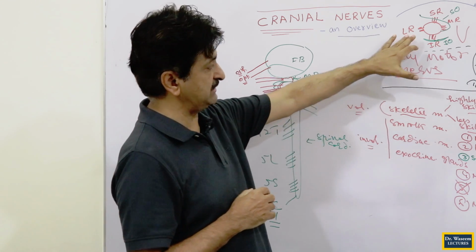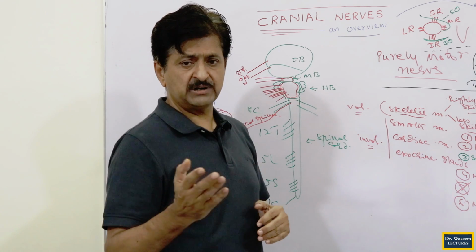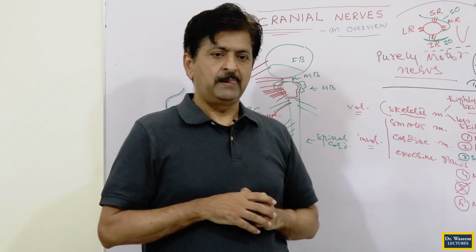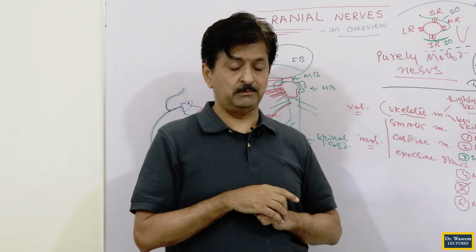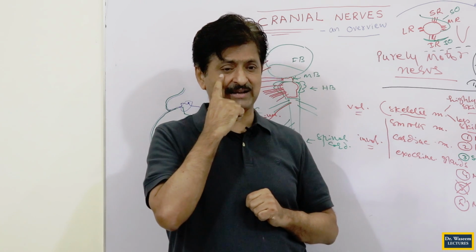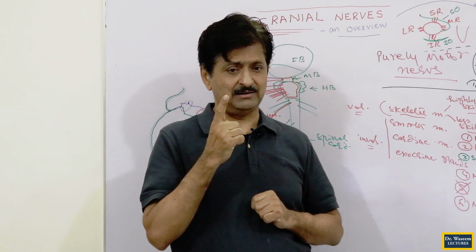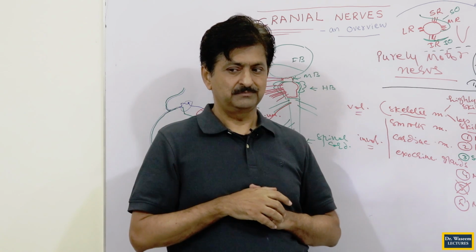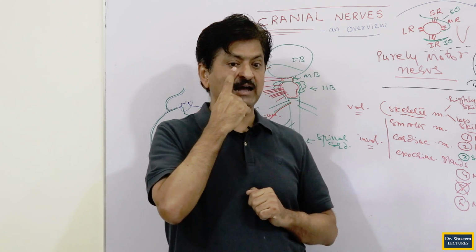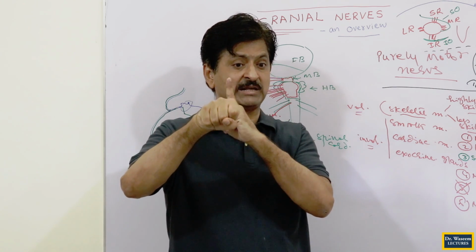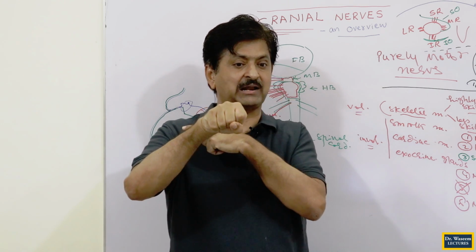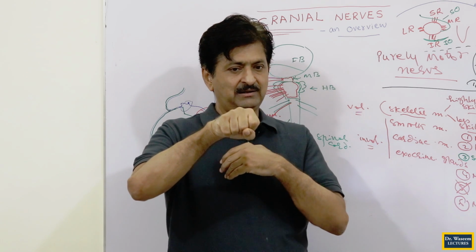Now, come to your extraocular muscles. When you want the right eye to look to the right side, the right eye will move in such a way that the cornea will look laterally away from the nose, not towards the midline, away from the midline.